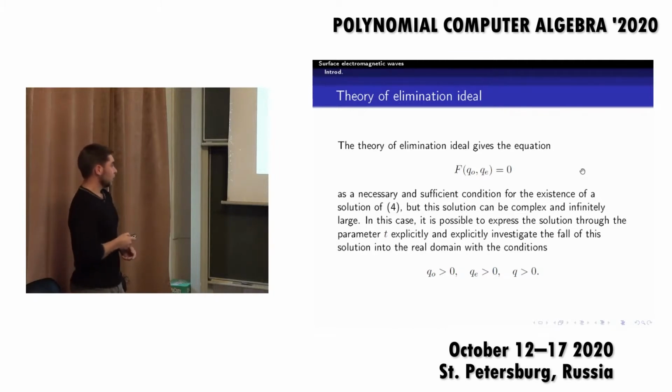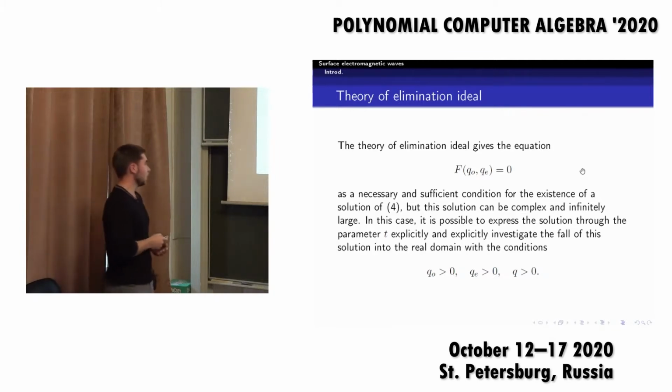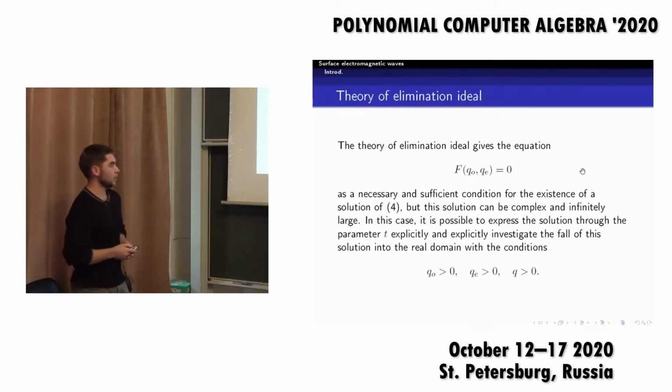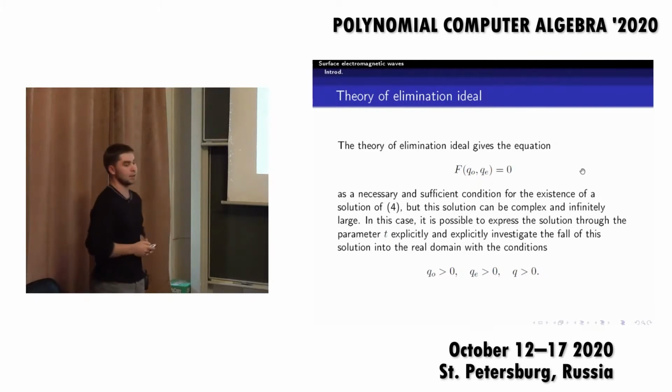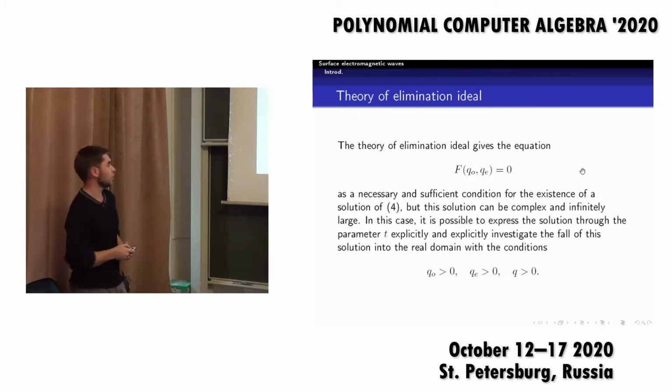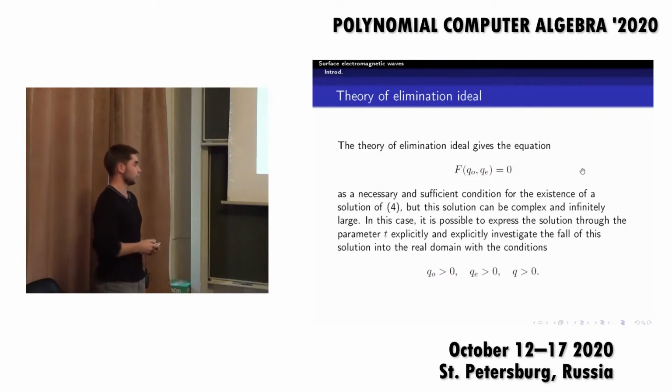When we factorize, it is possible to express the solution explicitly through the parameter T, and to explicitly investigate whether this solution falls into the real domain with these conditions.